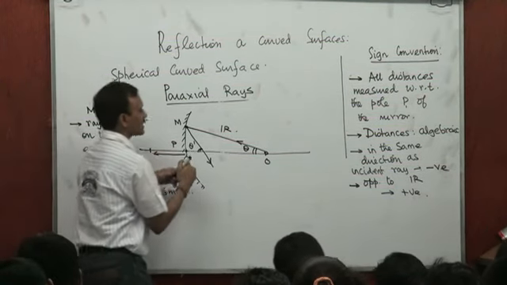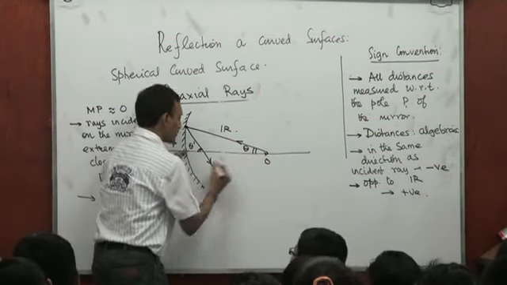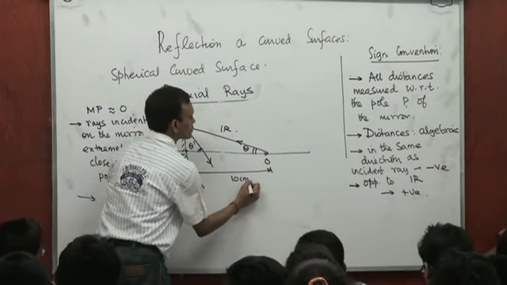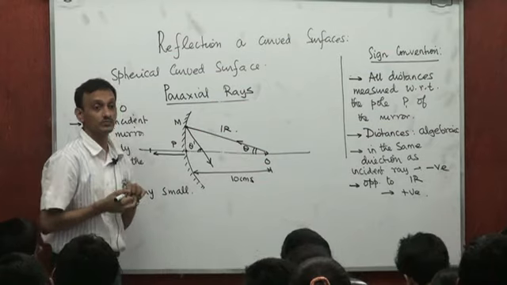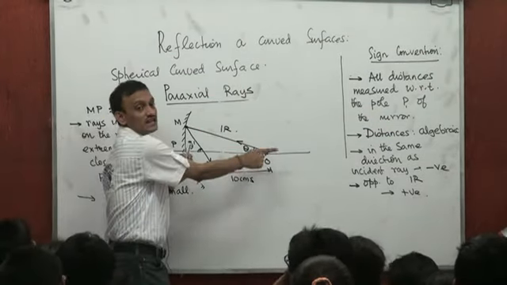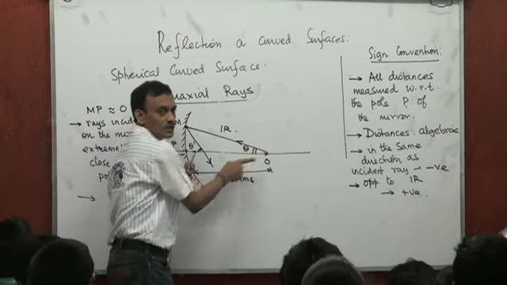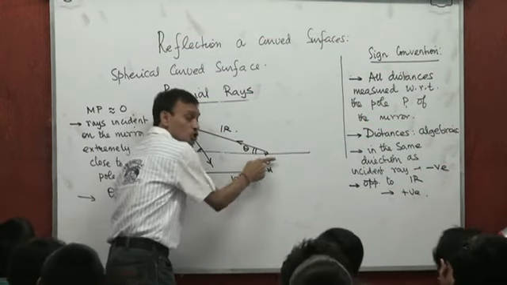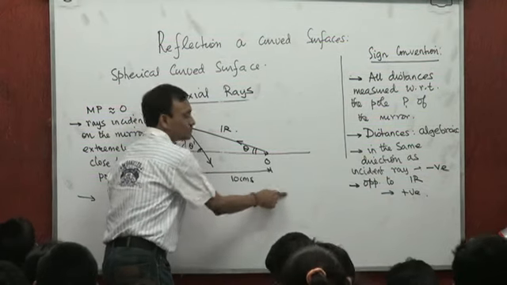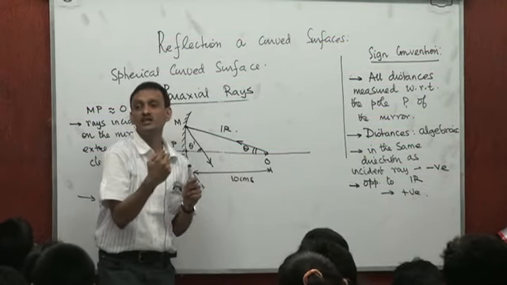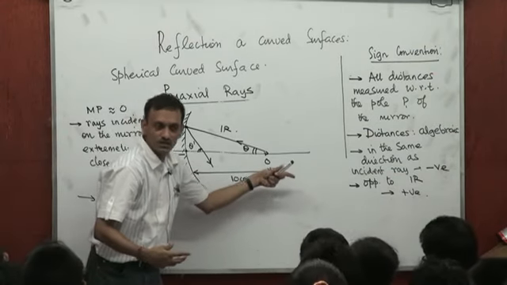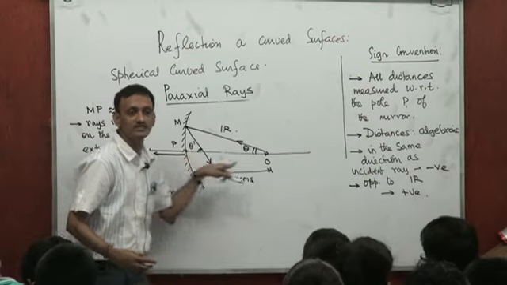So for example, in this case, this is the object, and suppose this is 10 centimeters. Then the algebraic object distance would be plus 10 centimeters. Why? Because to locate the object, I'm moving in a direction opposite to the direction of the incident ray.